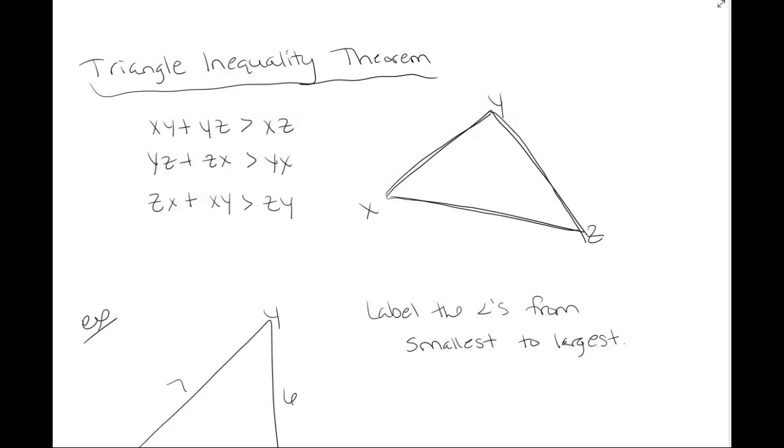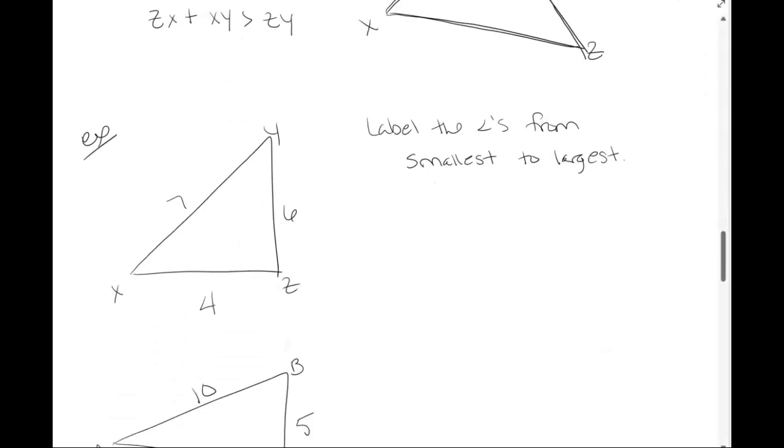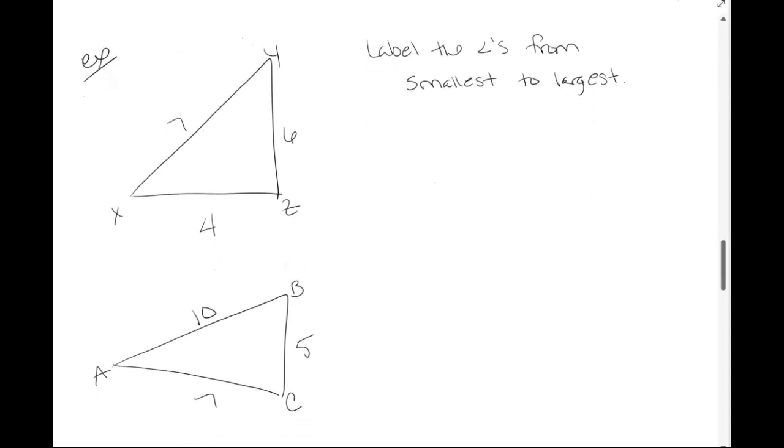So that any two sides have to be bigger than the third. All right, any two sides together have to be bigger than the third side. All right, let's apply these lovely theorems.